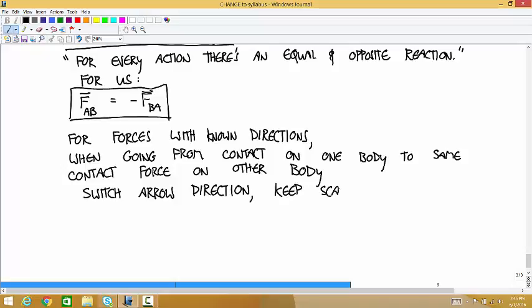Keep the scalar variable unchanged. So you don't change the sign on the scalar variable, you just change the direction of the arrow.